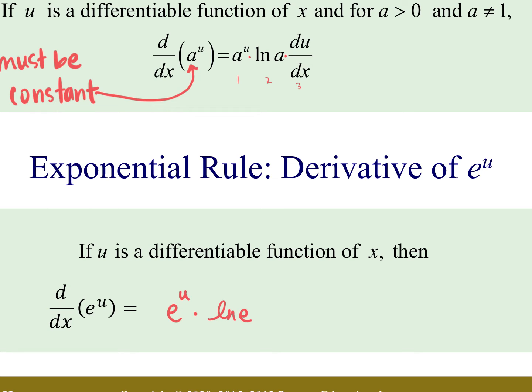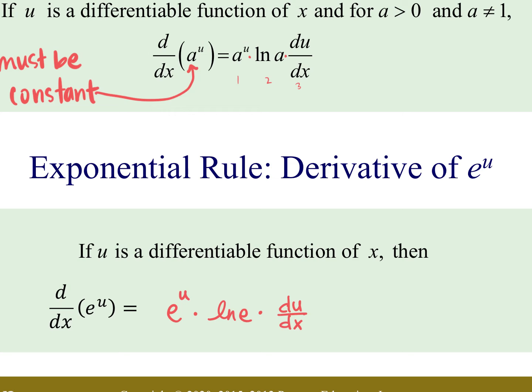And then, what would be next? No, not close. We're not going to pull the powers down or anything like that. We just do the derivative of what's up there. So that would be the derivative of u with respect to the variable x.